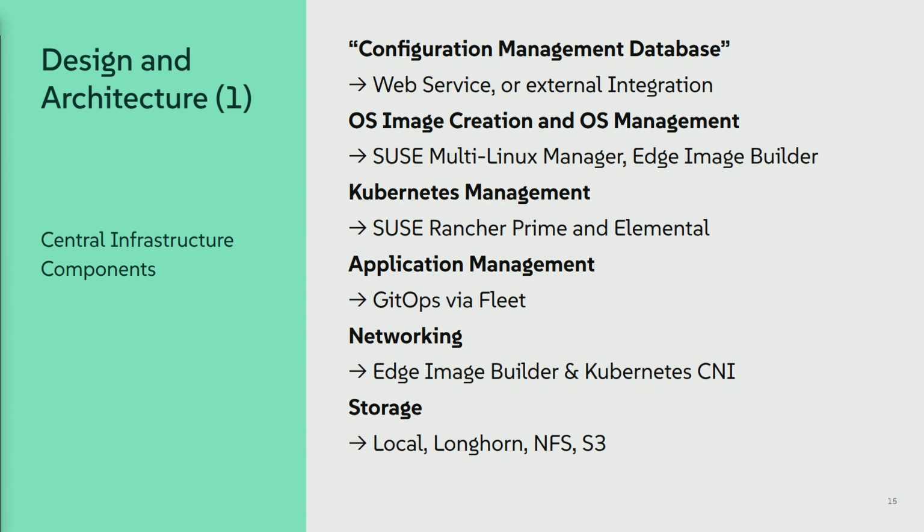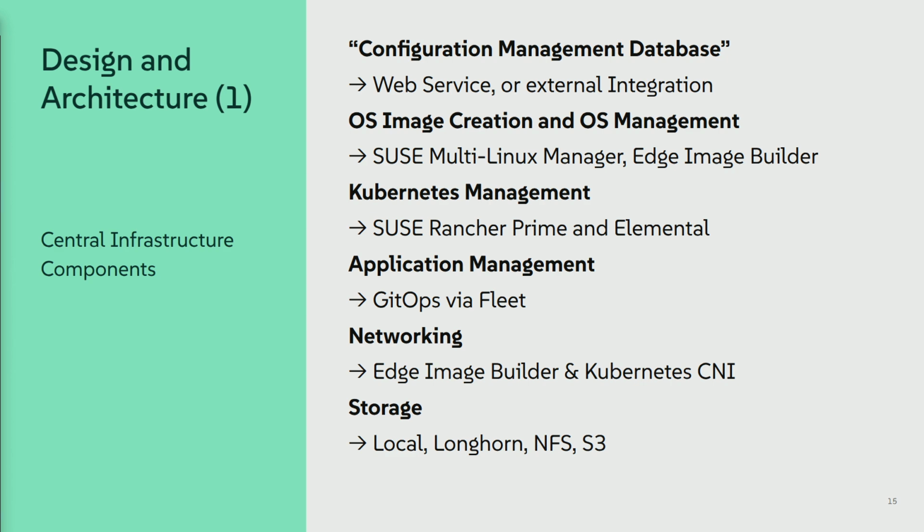So we create the packages that we need with Kiwi. We then build everything, and then do the customization with the Edge Image Builder afterwards. That then allows you to do the initial configuration of networking, where you say, I have a static IP address based on that MAC address, and then this is all puzzled together.